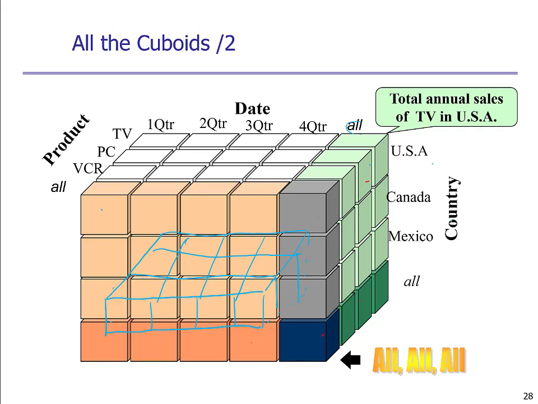And similarly, for this yellow cuboid, because we are doing an all on top of product, each cell represents the total sales over all the products in a particular country and in a particular quarter.